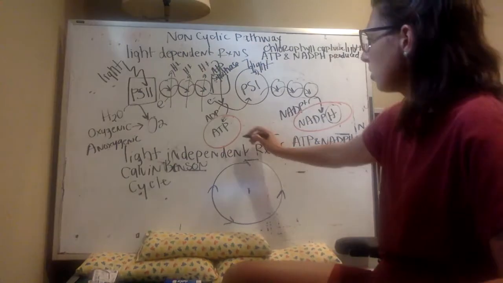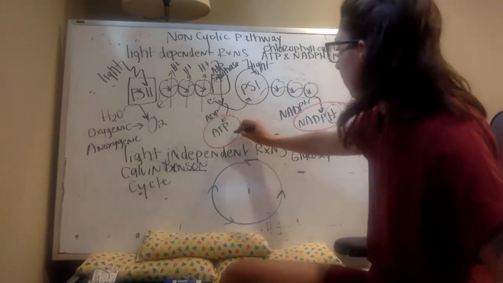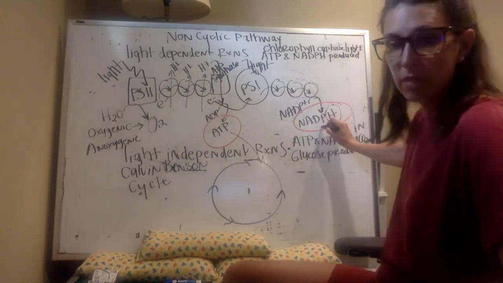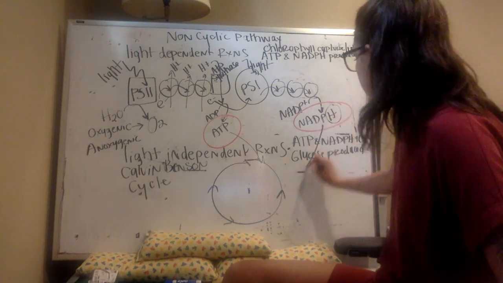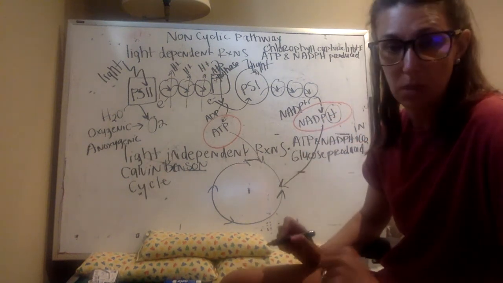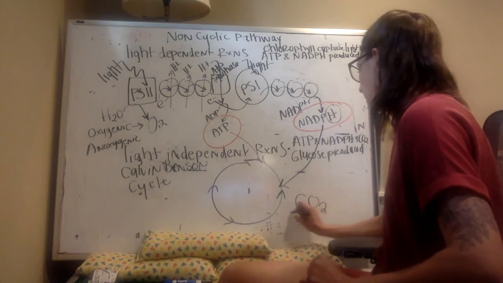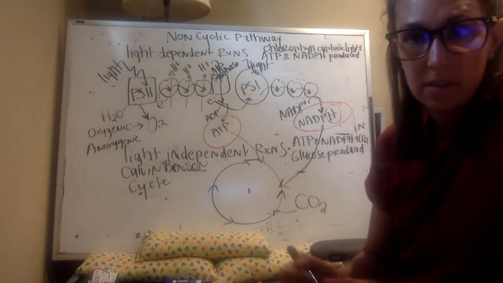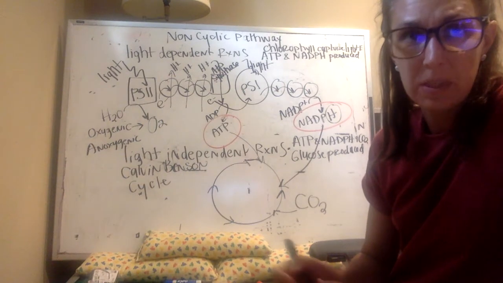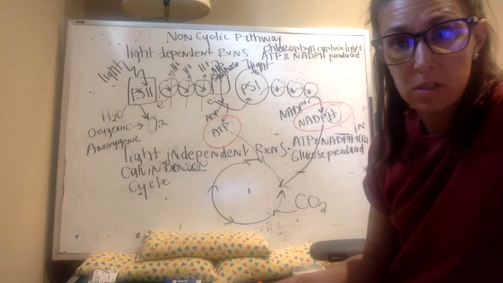All right. So remember, we have ATP as an input. We have NADPH as an input. We need some carbon dioxide. And different chemical reactions occur, but the main output is that glucose is formed.